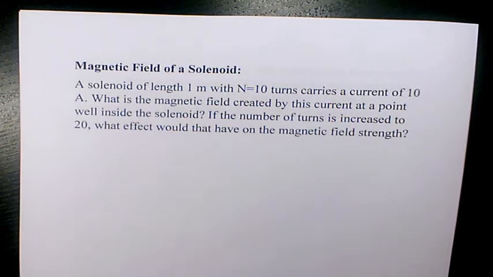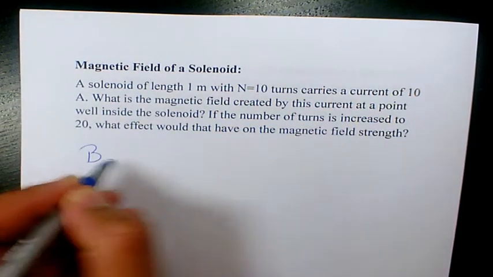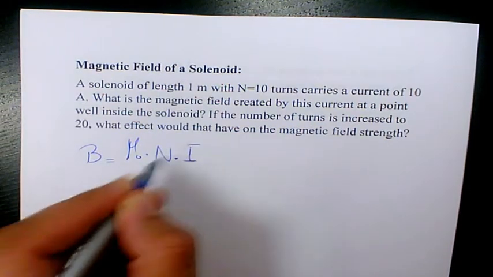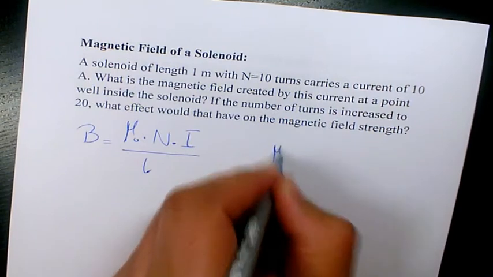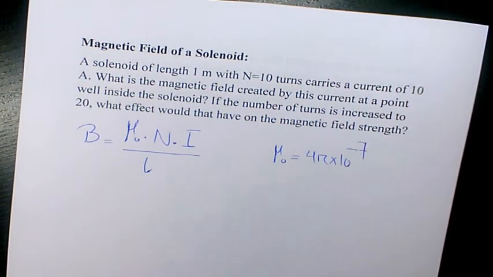The formula we need to use for finding the magnetic field of the solenoid is B equals mu naught times N times I divided by L. Mu naught is the constant, which is 4 pi times 10 to the power of negative 7.